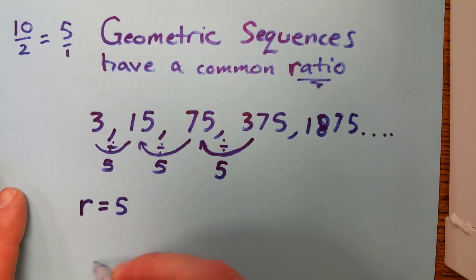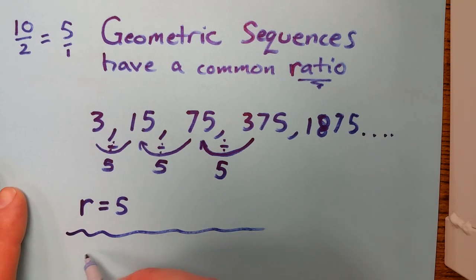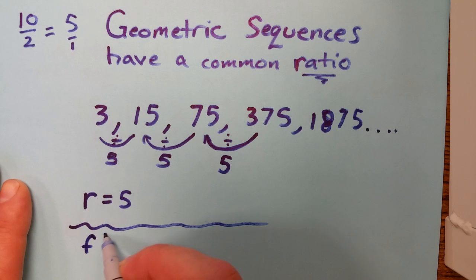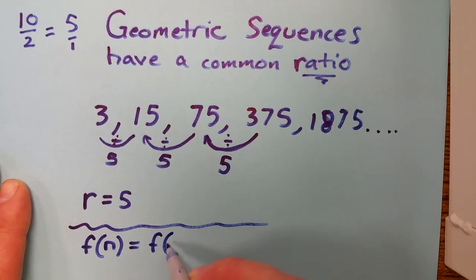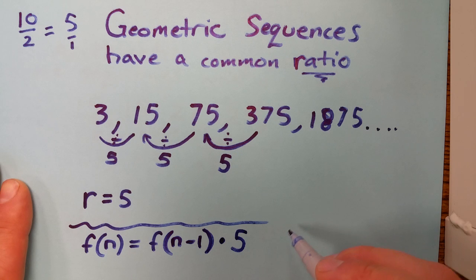So f of n equals the function value one step earlier, f of n minus 1, times 5. And for recursives, you always need a starting place, so I'll write f of 1 equals something.